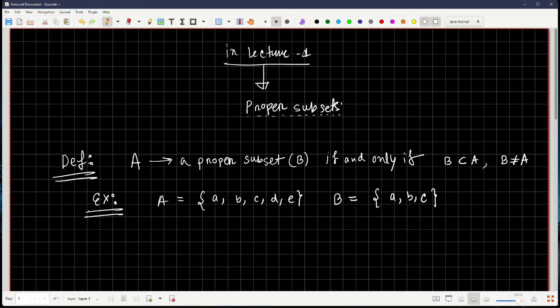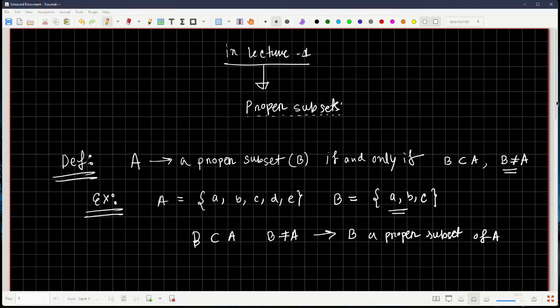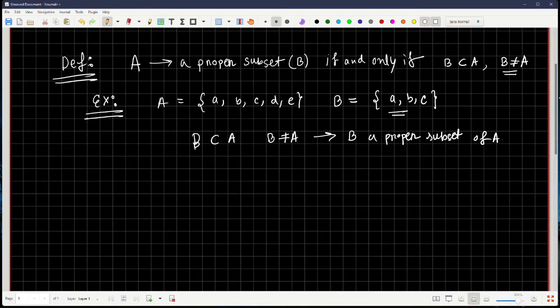Now in this case you can easily recognize that B is a subset of A, and also that B is not equal to A. So in this case we call B a proper subset of A. That's basically the definition of a proper subset.